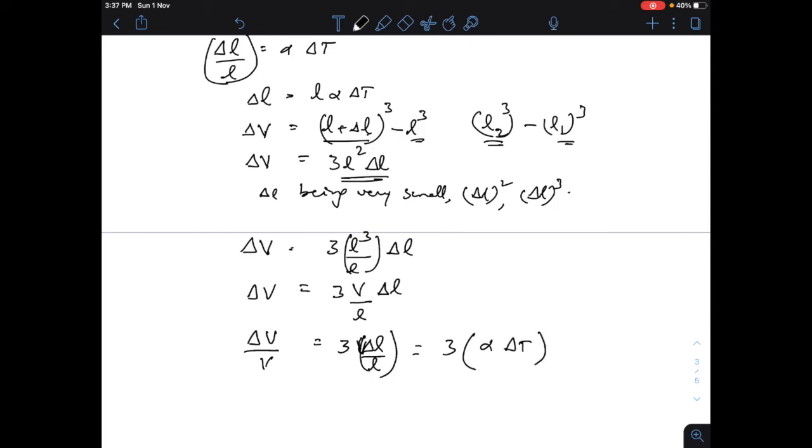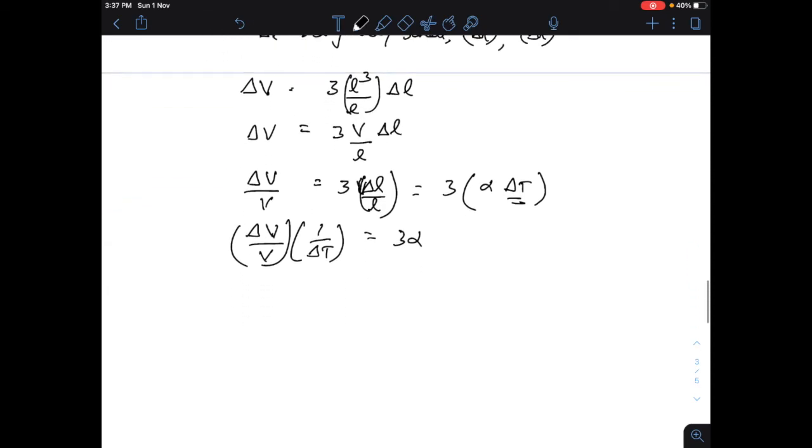Alpha delta T. So now I will write delta V by V, and bring this delta T here: delta V by V into 1 by delta T is equal to 3 alpha. What is delta V by V into 1 by delta T? It is nothing but gamma. So gamma is equal to 3 alpha.